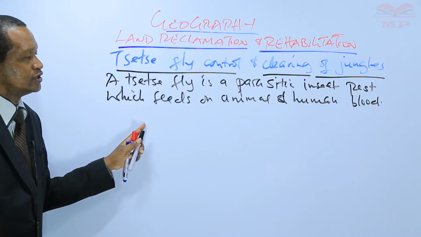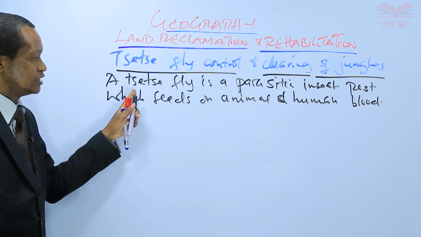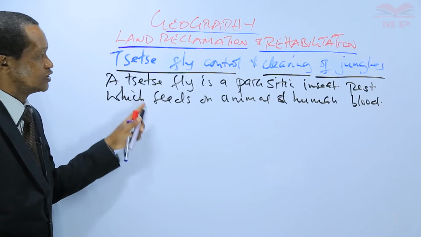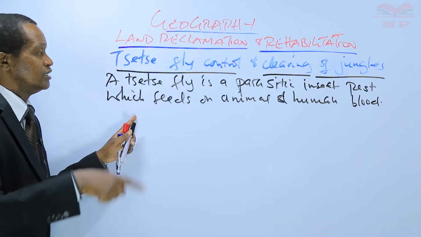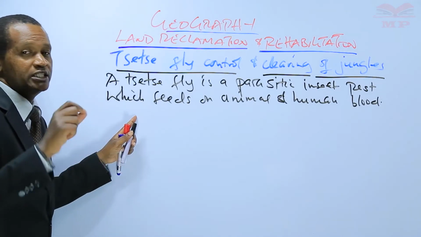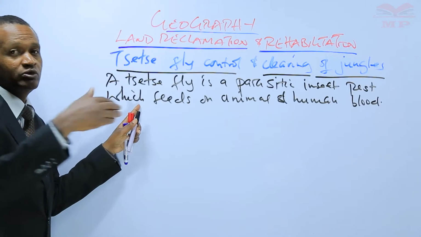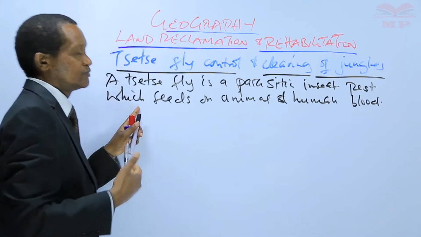We said initially that this insect feeds on animal blood and human blood. And in the process, the tsetse fly can transmit very dangerous diseases like the Nagana disease to animals and sleeping sickness to human beings.